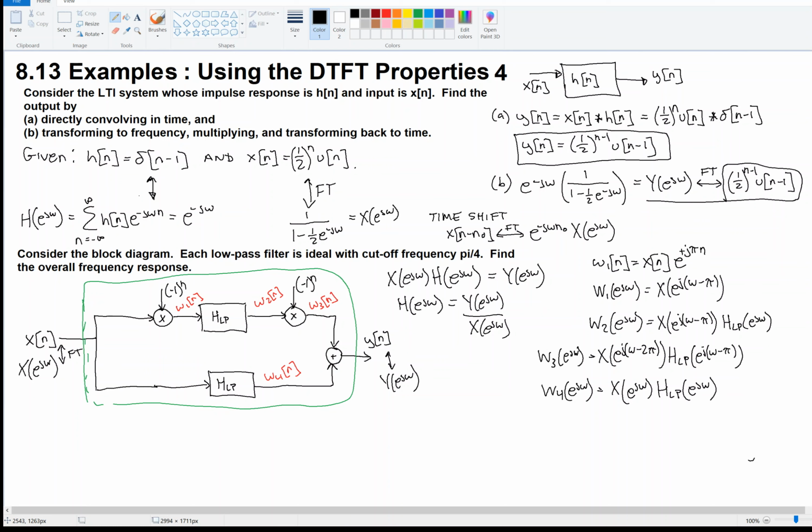Okay, now let's look back at W3. I'm going to write down here W3(e^jω). Something interesting happens here. Remember that discrete time Fourier transforms are periodic with period 2 pi. So when I shift X's spectrum by 2 pi, I get back X. So this is actually X(e^jω), the original spectrum, times the low pass shifted by pi.